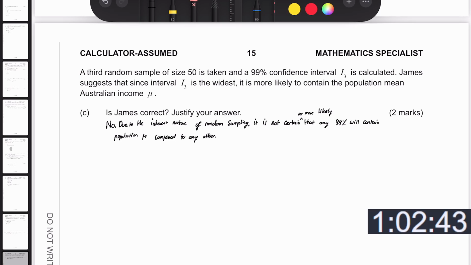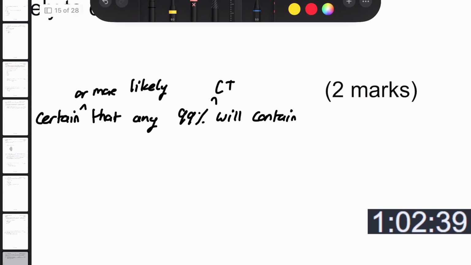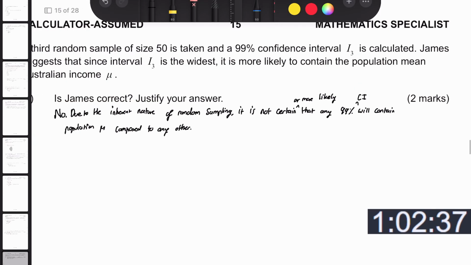Inherent nature of random sampling is not certain or more likely that any 90% confidence interval will contain the population mean.